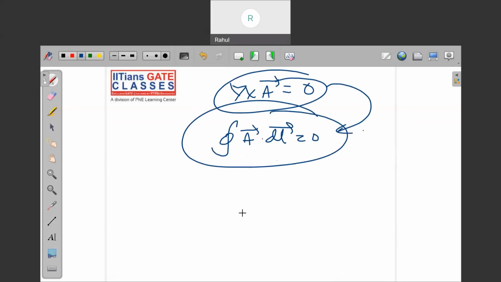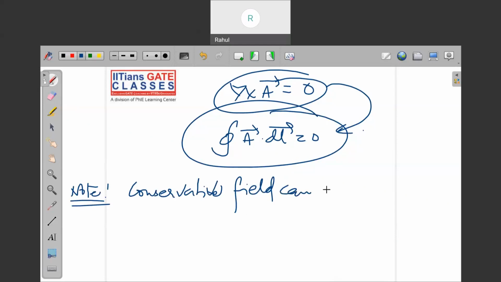Any conservative field can always be represented by the gradient of a scalar, you can note here.